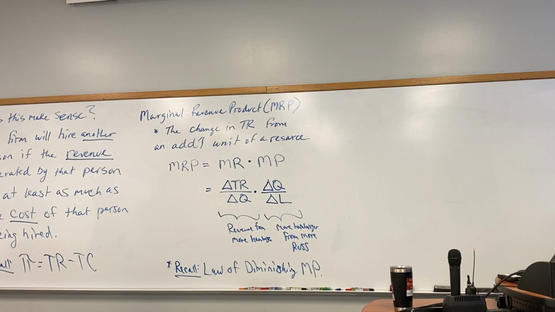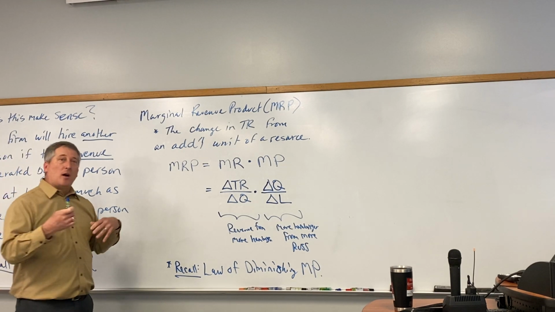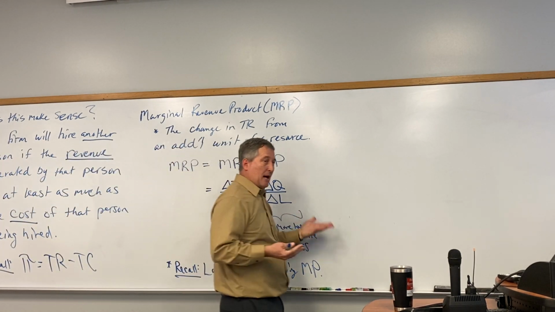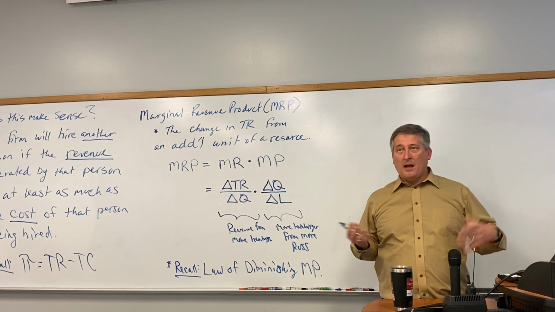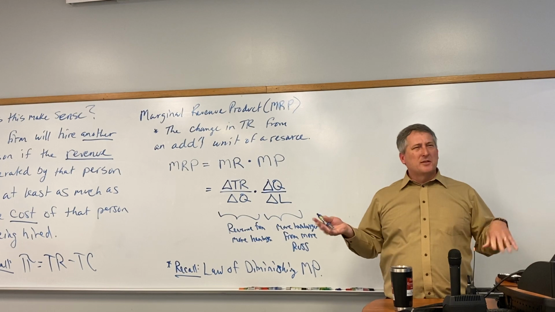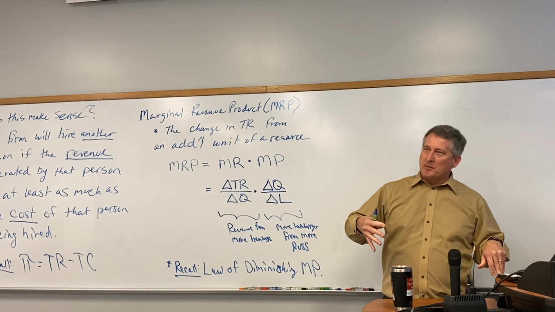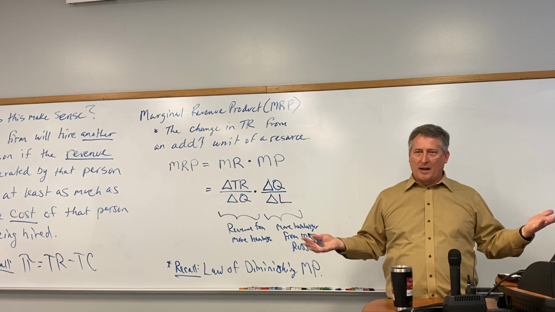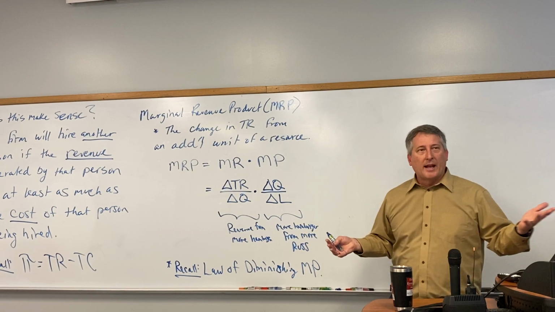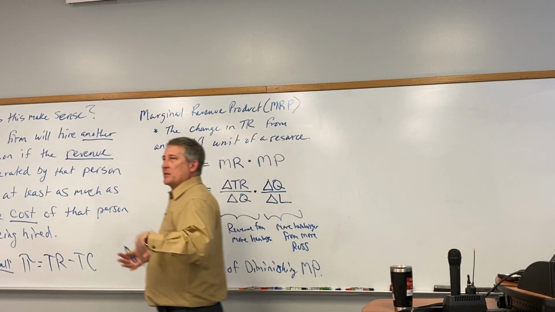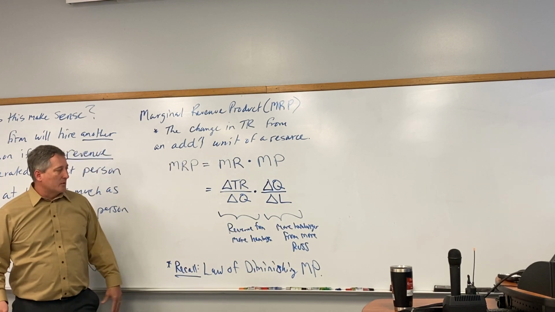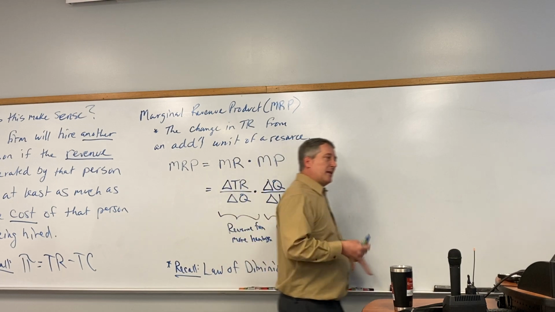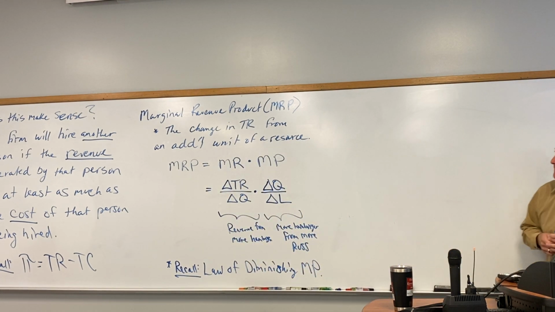What if I add a 3rd copy machine? How productive is my company being with a 3rd copy machine? Well, we might have really needed it. What about a 4th copy machine? Well, we still kind of needed it, but we're not using that one quite as much. What about a 5th copy machine, 6th copy machine, 7th copy machine, right? It always works that way: as you keep adding more and more of a resource, you're not getting as much out of that resource as you did from earlier units. Law of diminishing marginal product.